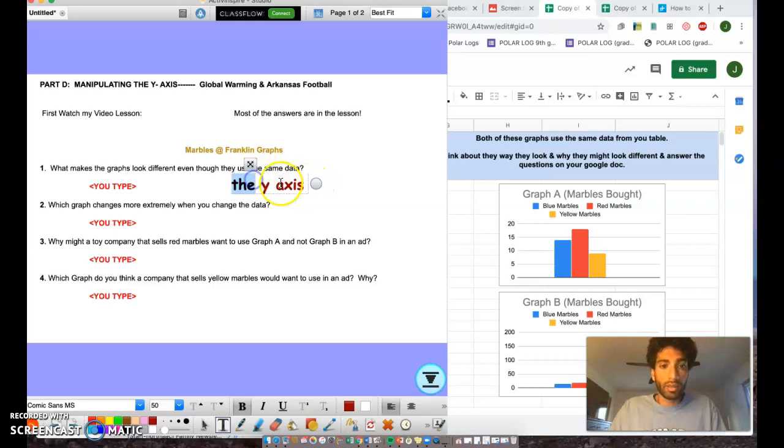That's the only difference. Let me just make this a little bigger. So the y-axis, A is scaled to 20 and B is scaled to 200.